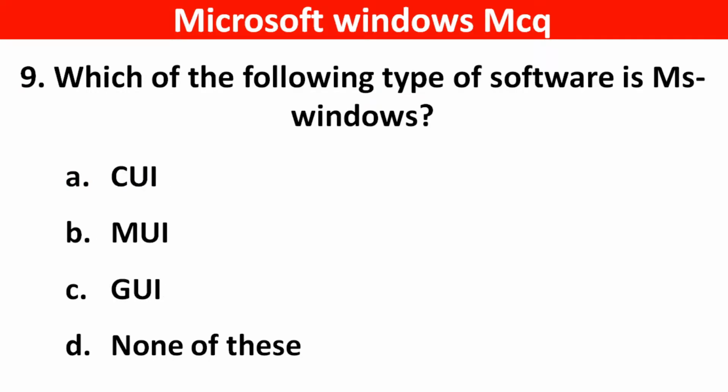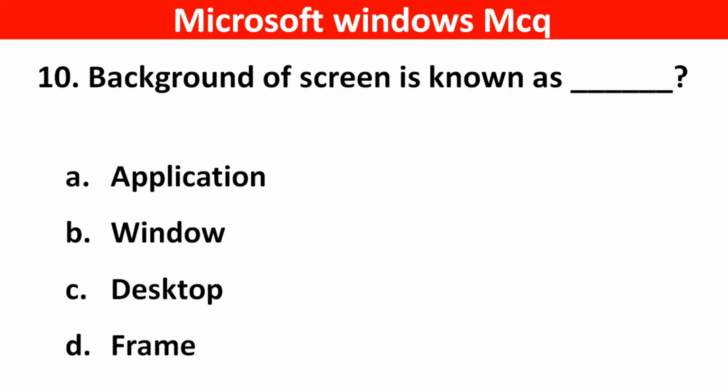Next question, which of the following types of software is MS Windows? Right answer is option C, GUI, graphical user interface. Next question, the background of the screen is known as dash dash. Right answer is option C, desktop.